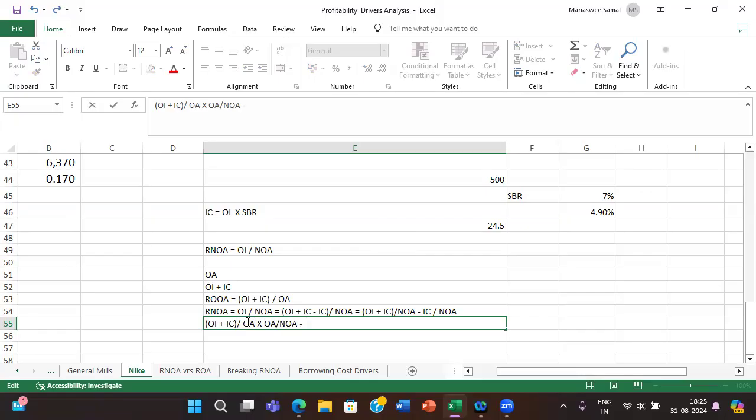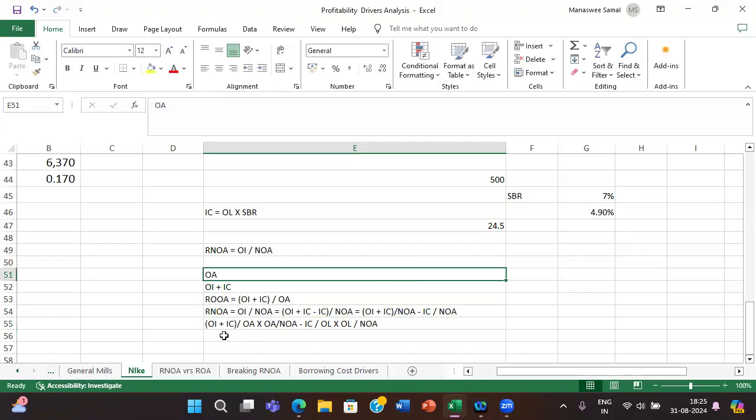And then same way you please ask, IC is not connected with NOA. IC is connected with OL, right? So OL you should invite to the equation, IC divided by OL. Then as usual, we'll drop out OL from the equation by taking it to the numerator, OL divided by NOA.